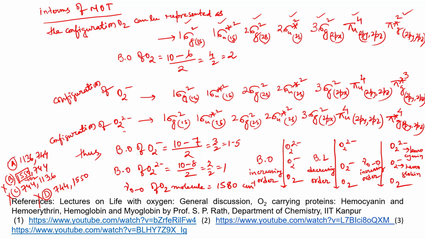Now only one option remains, option A, and that is your correct answer. That is, the oxygen-oxygen stretching frequency of the oxygen molecule in hemoglobin is 1136, and in hemocyanin is 744.